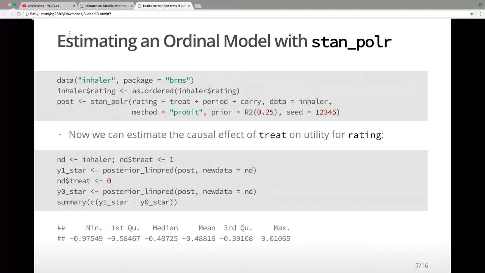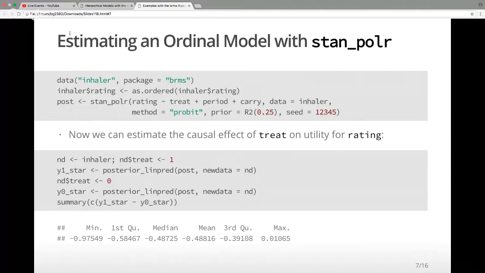This is a data set where somebody, maybe regulators, put ratings on the quality of inhalers for asthma or something like that. There was some kind of treatment, a new, even better inhaler than the previous inhaler.